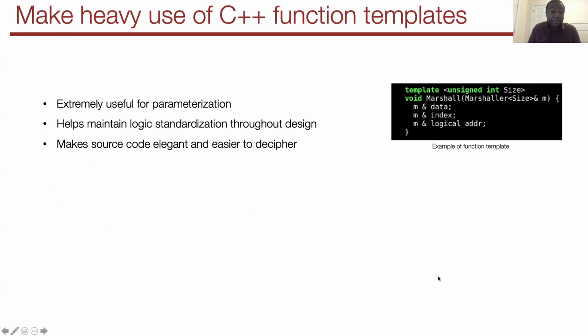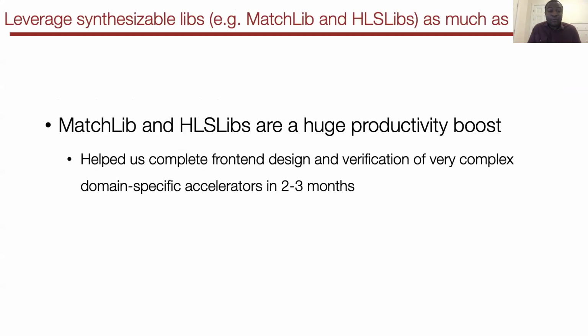Also, do make heavy use of C++ function templates. These are extremely useful for parameterization. They help maintain logic standards throughout the design, and they also make the design easier to read and easier to decipher. We found synthesizable libraries such as MatchLib and HLS libs to be a huge productivity boost.